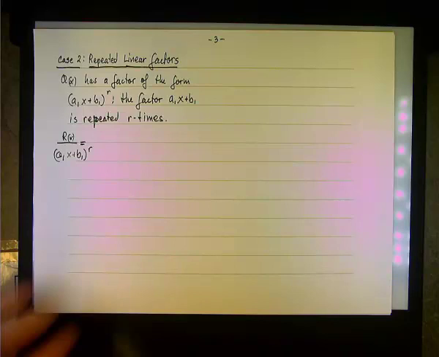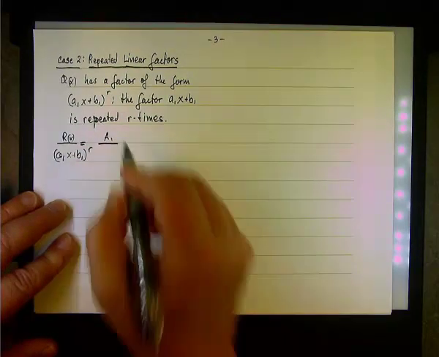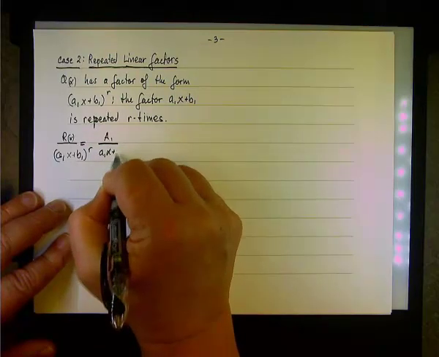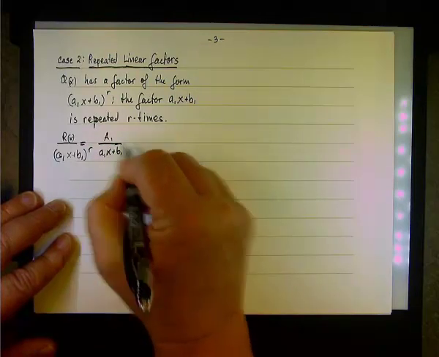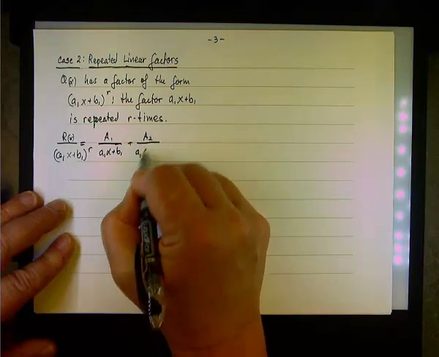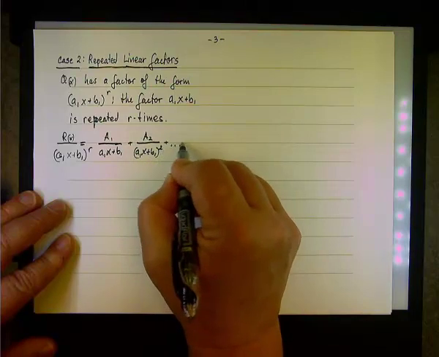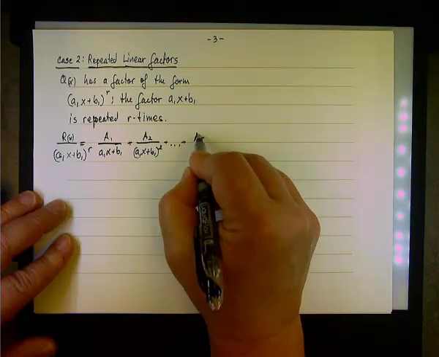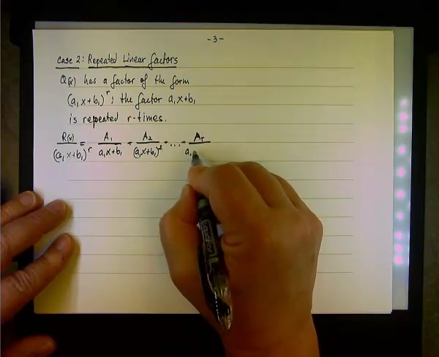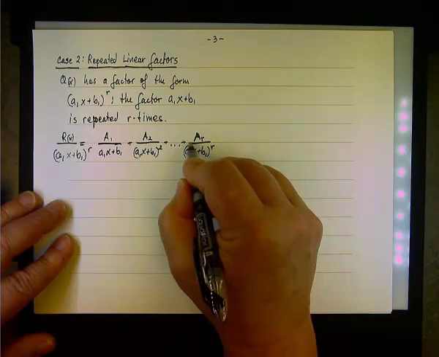Well, remember, we repeat r times, so the first fraction will be A sub 1 over the denominator. The next one will be A sub 2 divided by a sub 1 x plus b sub 1 squared. And we keep adding powers until we get to the last one, the rth position, a sub 1 x plus b sub 1 raised to the power of r.